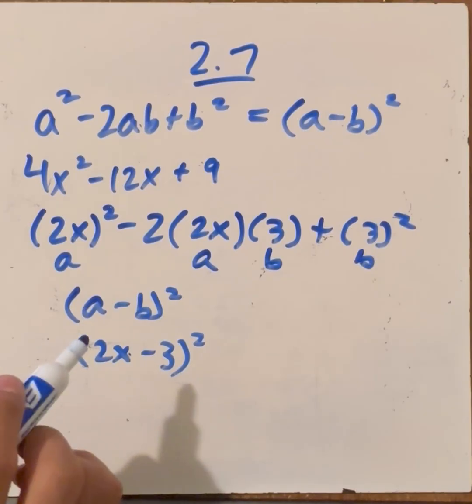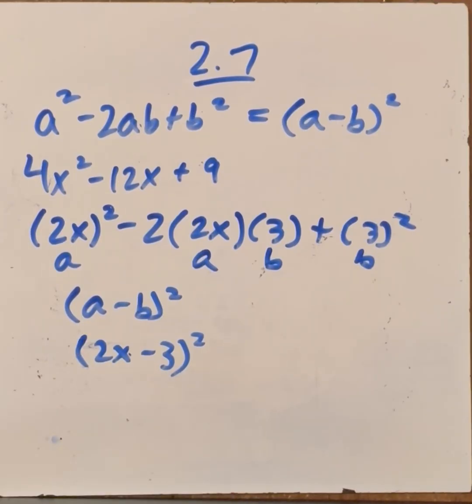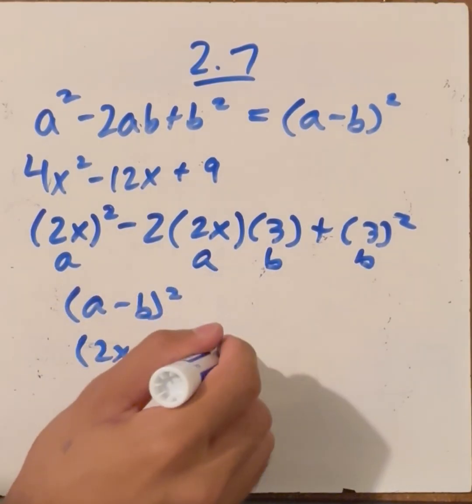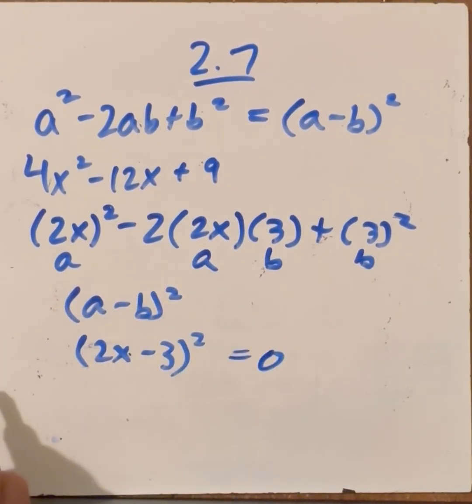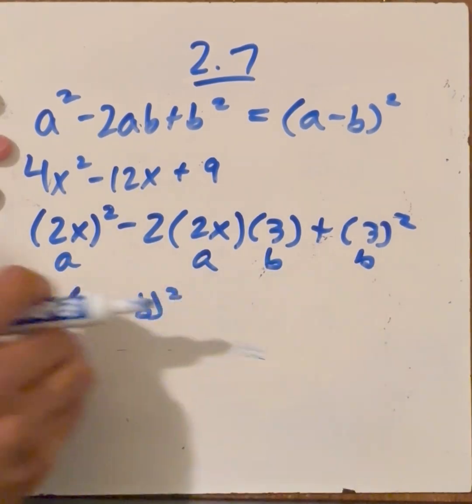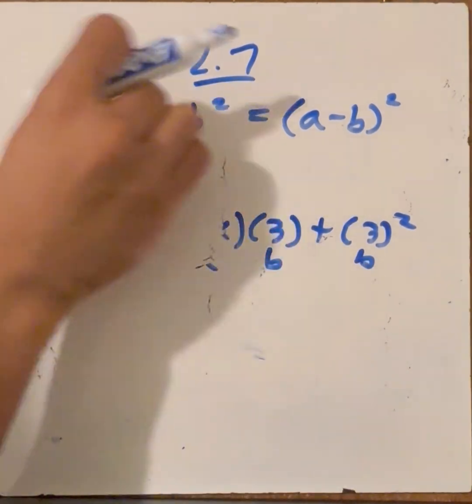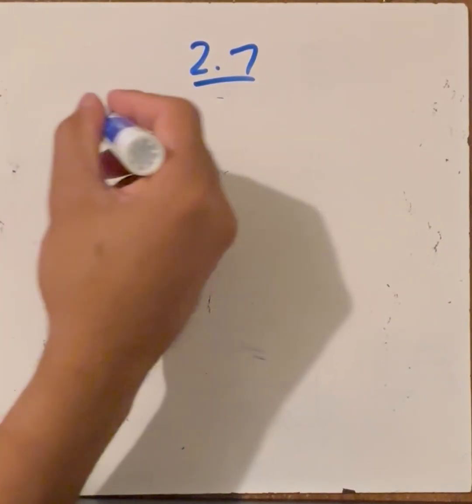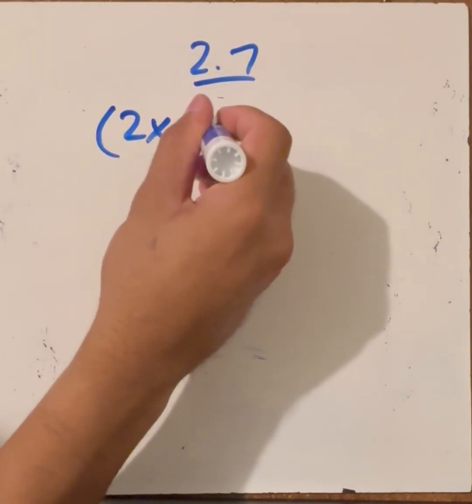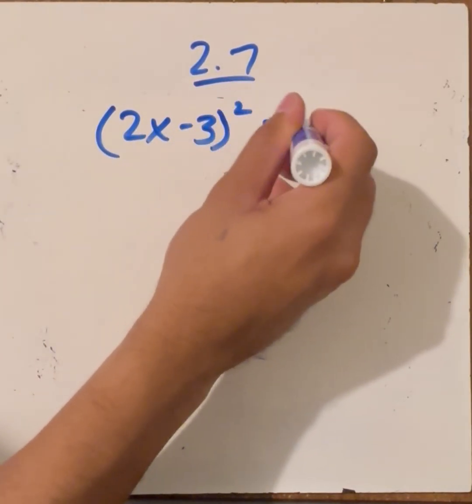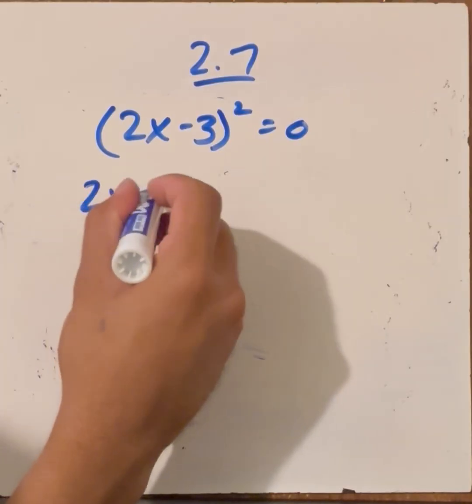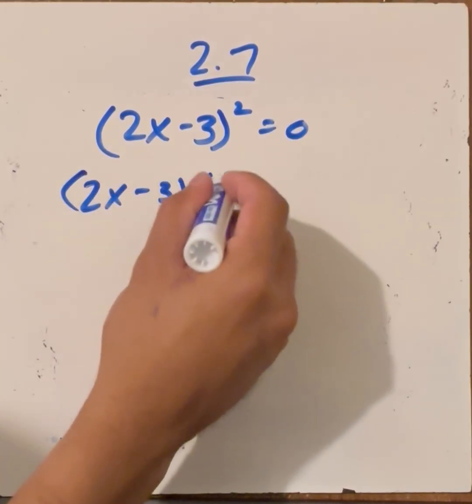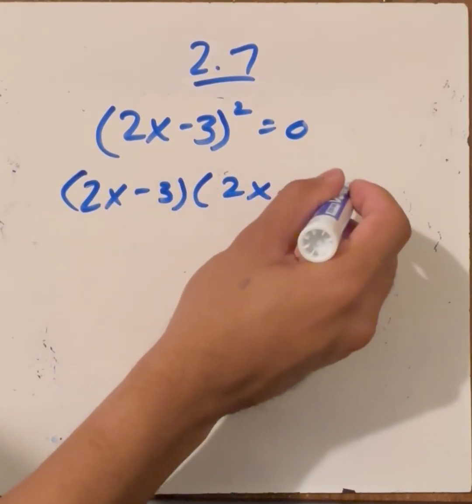If there is a question that says 2x minus 3 squared equals 0, remember that in 2.4 we talked about that. So to finish this out, let's go back to stuff that we learned in 2.4: if our equation is this, how do we solve that? So this is 2x minus 3 times 2x minus 3 equal to 0.